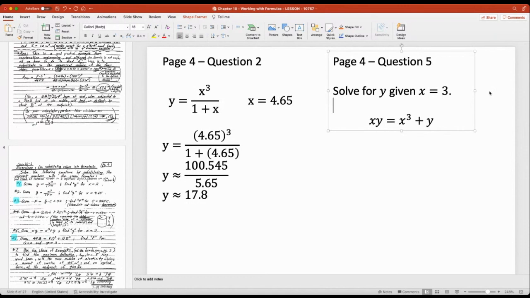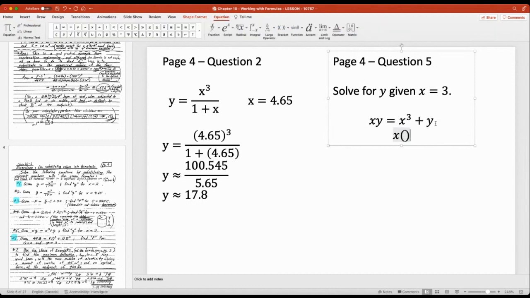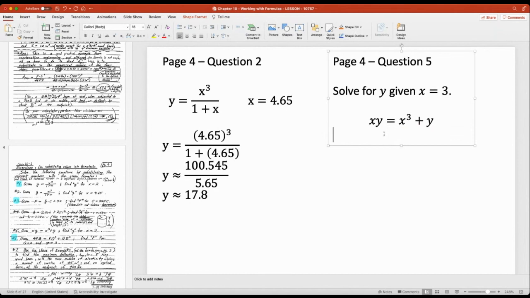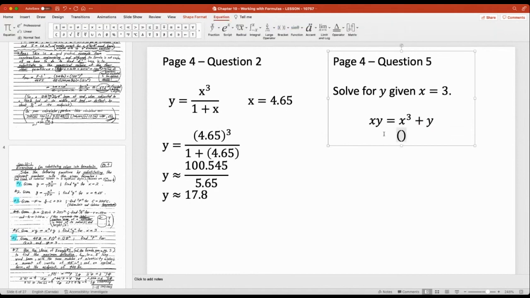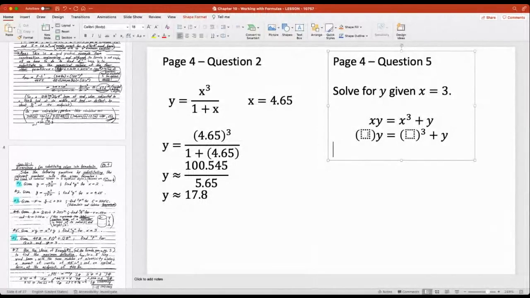So in this case, what you want to do is replace all the x's with brackets and put 3 in those brackets. So x bracket x cubed. Oh, sorry, we're replacing the y's. My apologies. We're replacing the x with brackets. That's my bad. So x, and then another x is here. So we have that. Anywhere there's an x, we're going to put a 3.